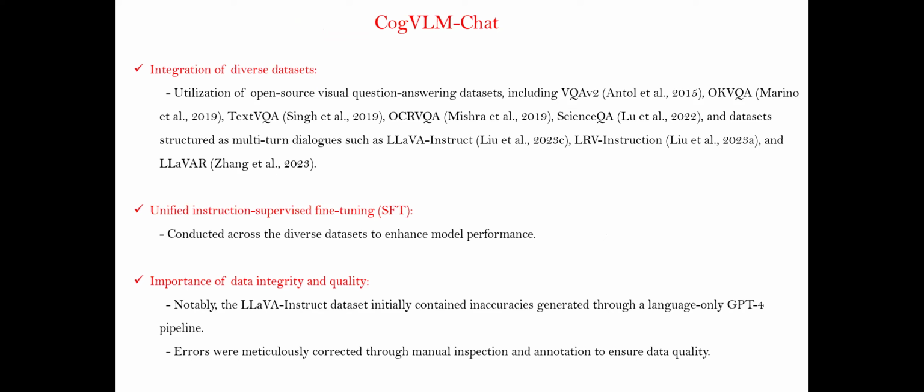In CogVLM chat, a lot of open source VQA datasets are utilized, such as VQA V2, OK VQA, Text VQA, OCR VQA, and Science QA, as well as datasets formatted as multi-turn dialog, such as LRV instruct.